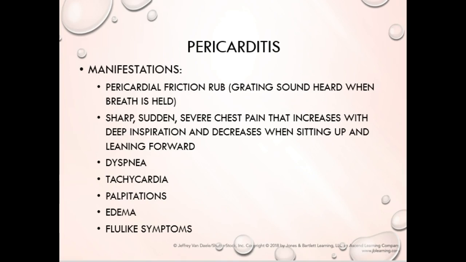Sharp, sudden, severe chest pain. I think that would be a really good sign, along with your pericardial friction rub when you're trying to listen to the heart. Okay. When we're talking about these heart problems, pretty much everybody is going to have dyspnea, dizziness, a lot of these kind of common symptoms.